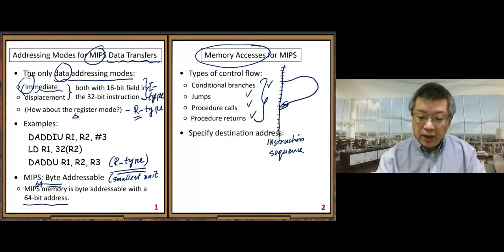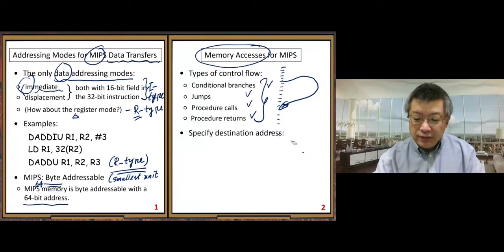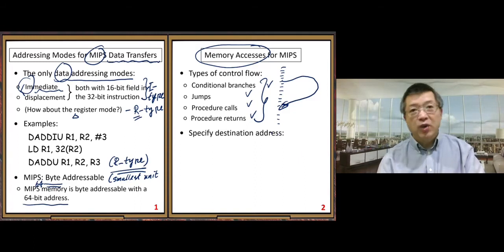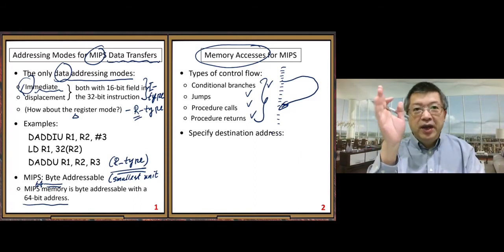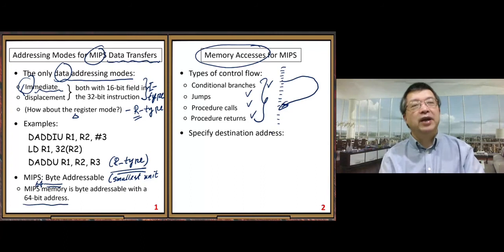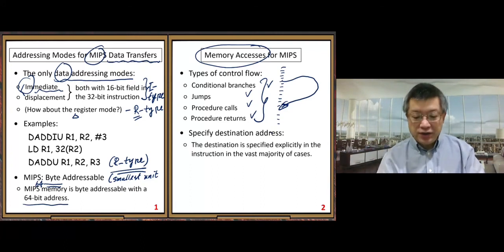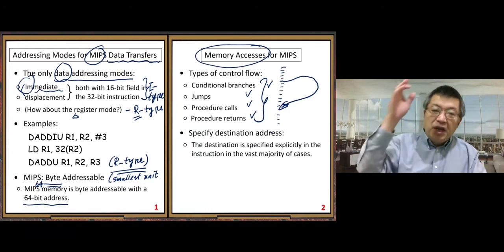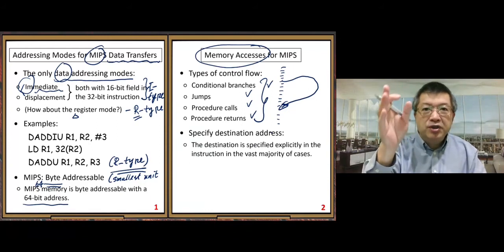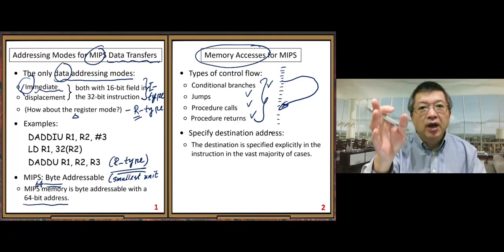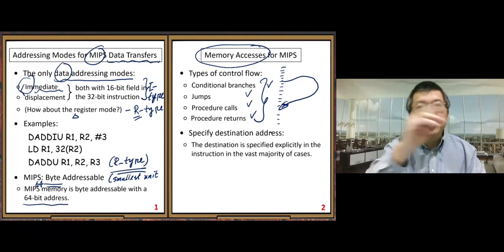Let's look at the next question: how to specify the destination? When you jump, you need to get to some destination, but how do you express it? The destination is specified explicitly in the instruction in the vast majority of cases.